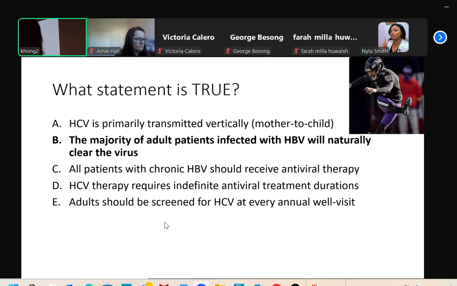The only patients that get screened every year are those at very high risk, such as injection drug users. So B is true. Remember, most adults will naturally clear; as the ages go down, pediatrics and neonates have a lesser likelihood of natural clearance.